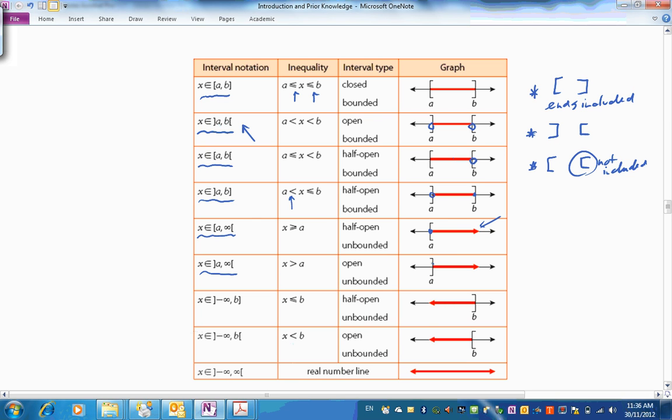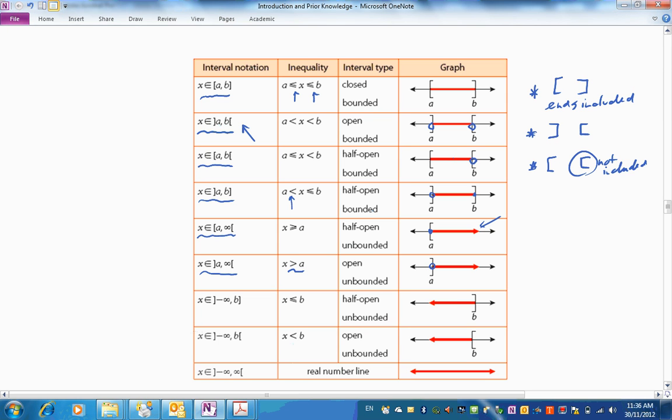Sorry, it's bounded on this end, but it's open because the A is not included. So see there, the A is not included. That makes it half open, but it's fully open actually, because it's open and unbounded on the other end.